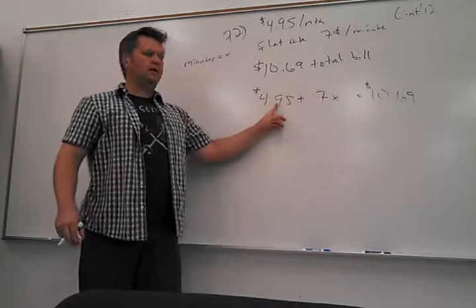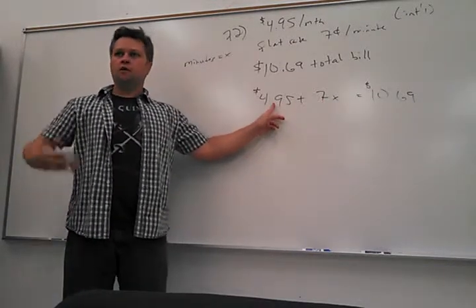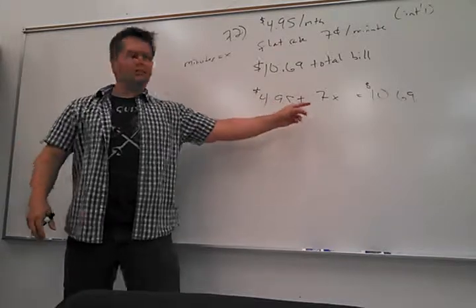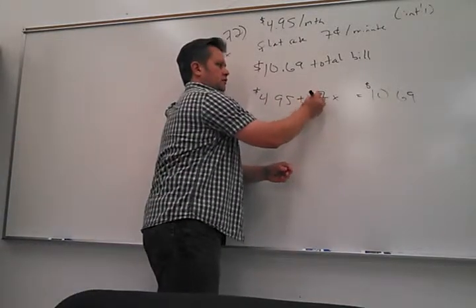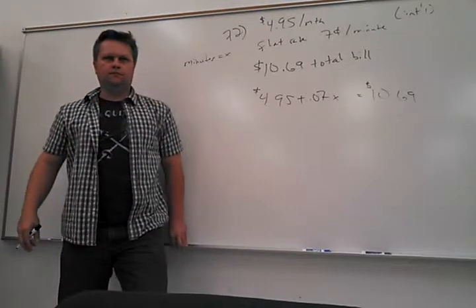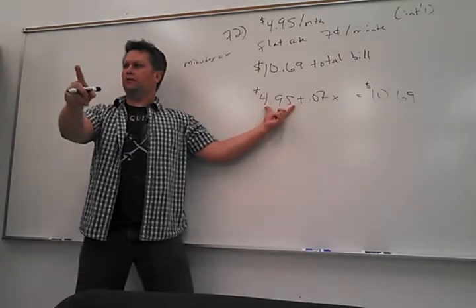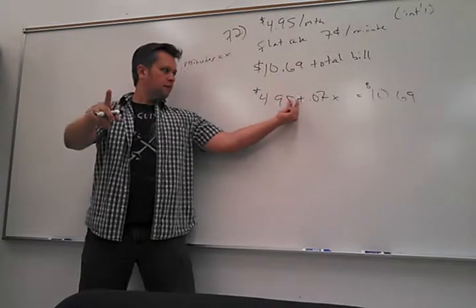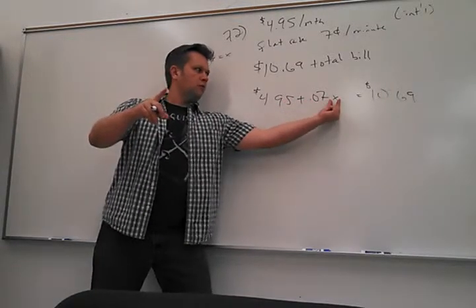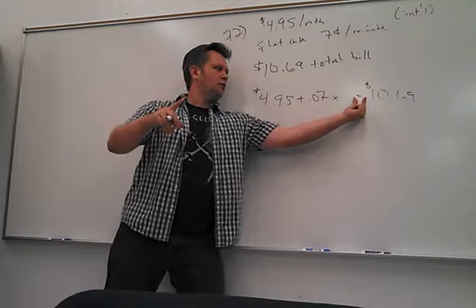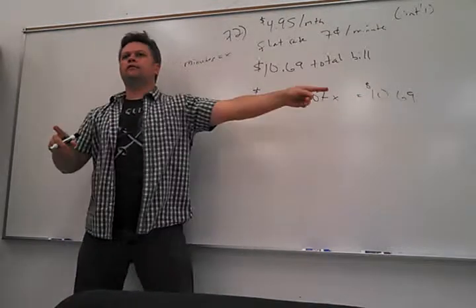That's $7, because it's already established that we're in bucks. So this has got to be 0.07. So he's got to pay this much money a month, even if he doesn't make a phone call at all, plus 7 cents per minute. And that's how he got to $10.69. Now you can solve that for X.